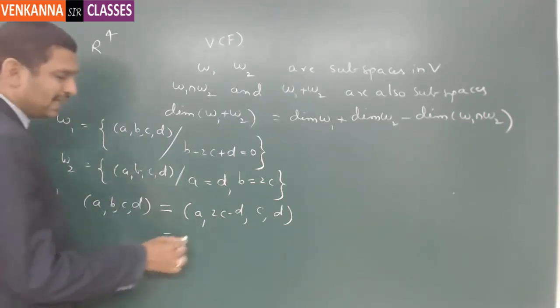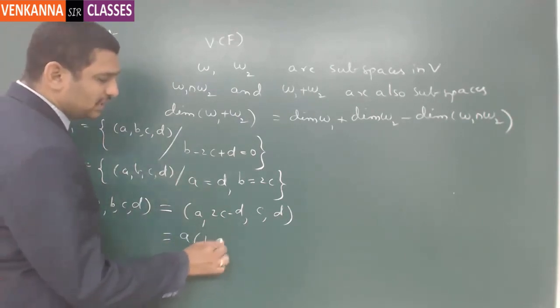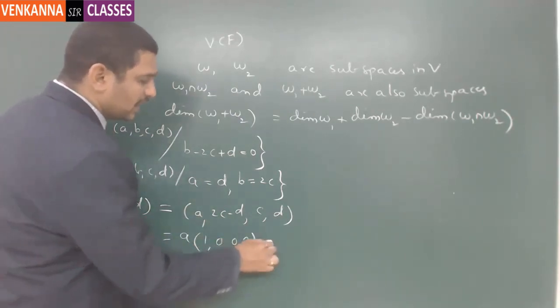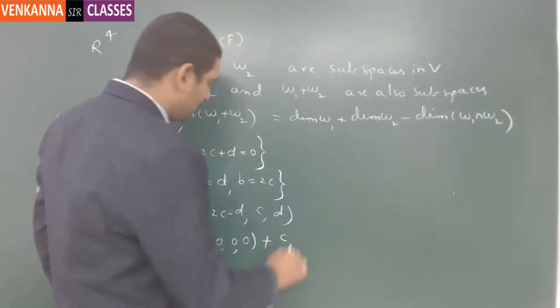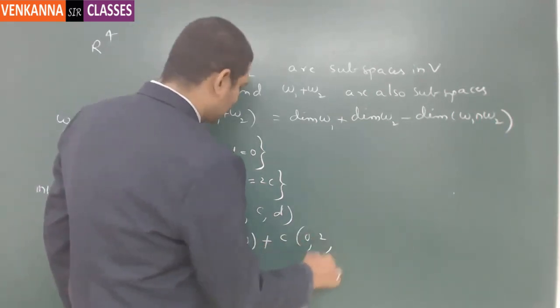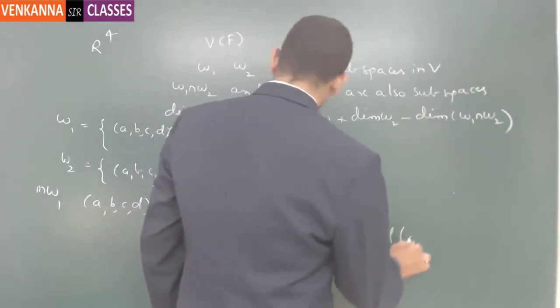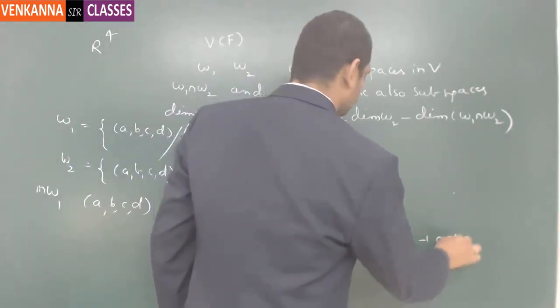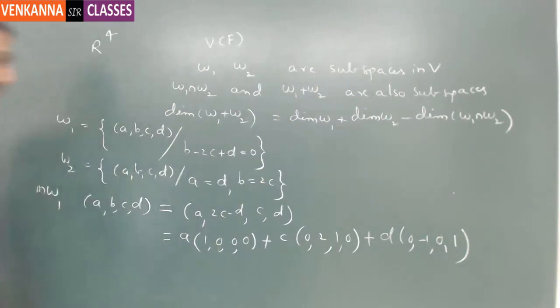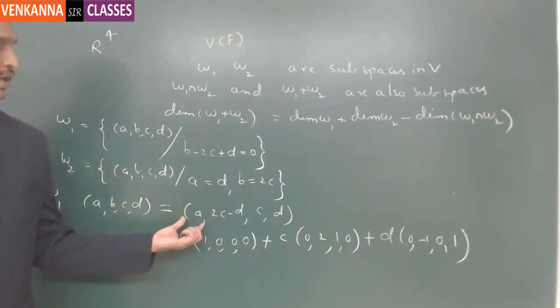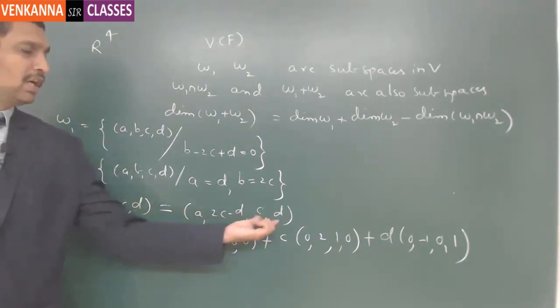So if you write it as a linear combination, it will come like this. Here the linear combination is obtained by simply taking the coefficients of the variables. I have simply written the coefficients of a, c, d in the respective positions: first position, second position, third position, fourth position.